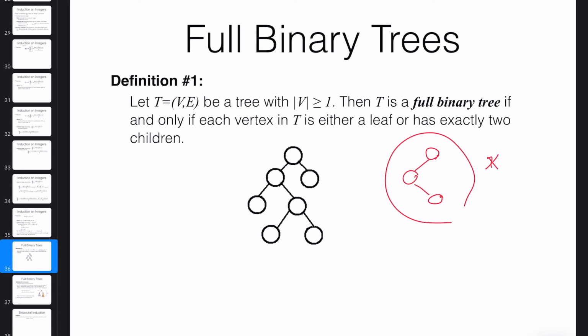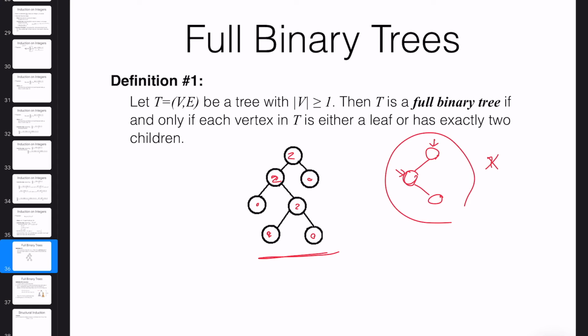Why? Because this is not a leaf node and it doesn't have 2 children. Or for example, this one is not a leaf node and it doesn't have 2 children. But this is a full binary tree. All the nodes either have 2 children, or they are leaf nodes with 0 children.